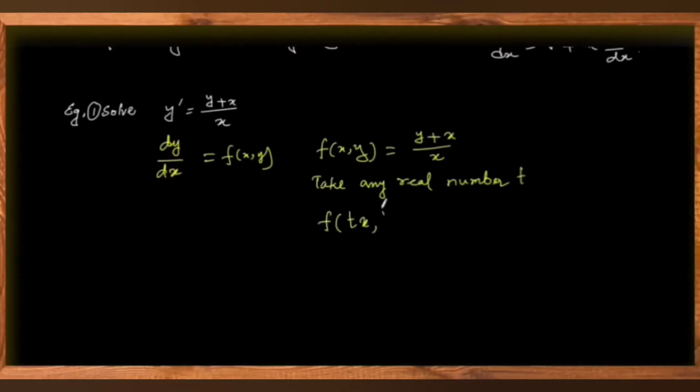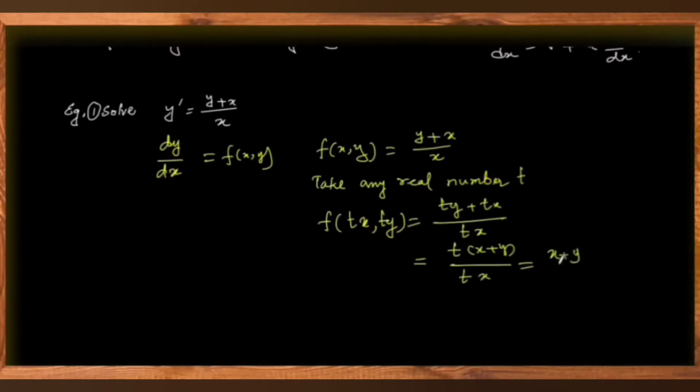Then f(tx, ty) is (ty plus tx) upon tx, or t times (x plus y) upon tx, and t gets cancelled, so we get (y plus x) upon x, which is nothing but f(x, y). That means the given equation is a homogeneous equation.